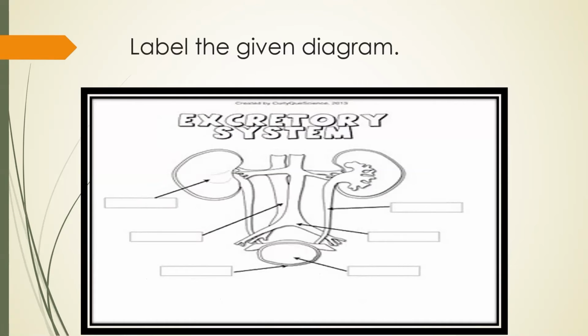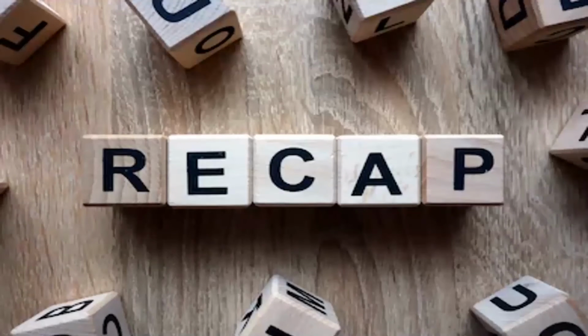In the second part of this worksheet, you have to label this diagram of the human excretory system. The organs are shown to you, and you have to label these organs.